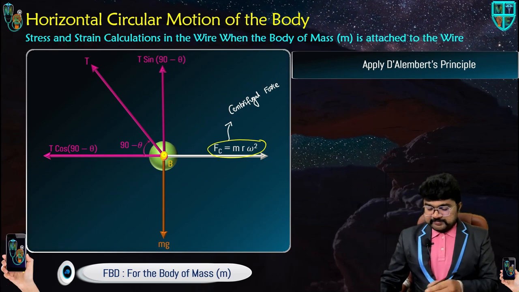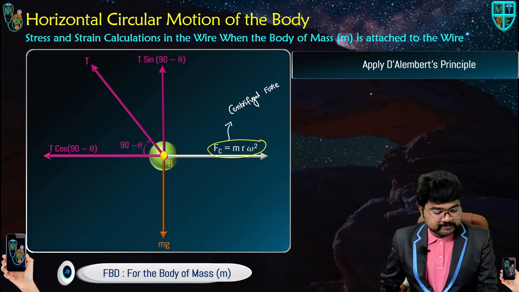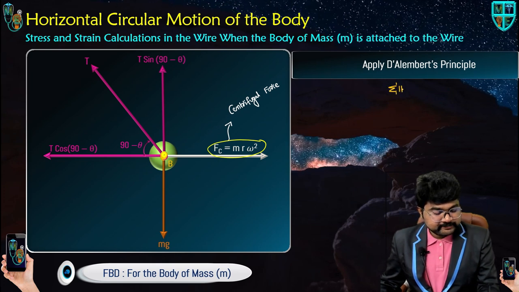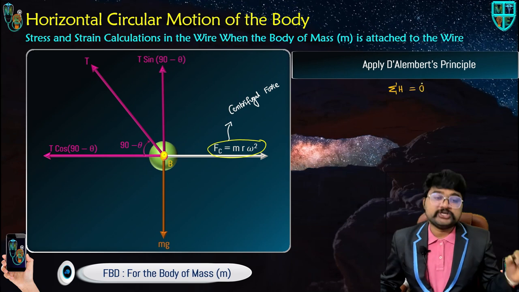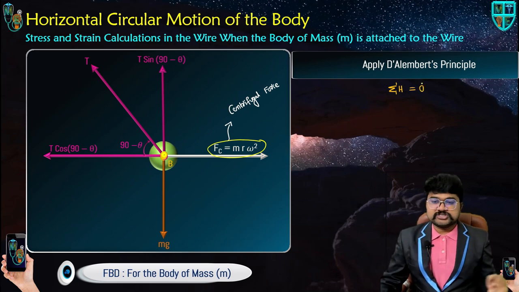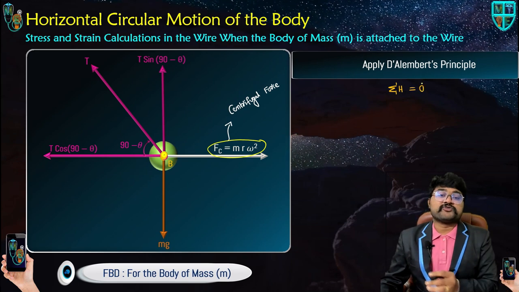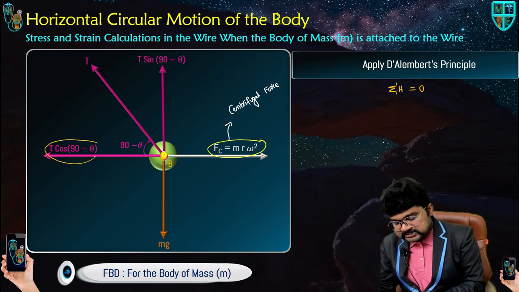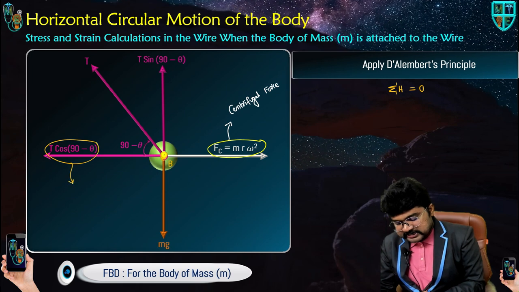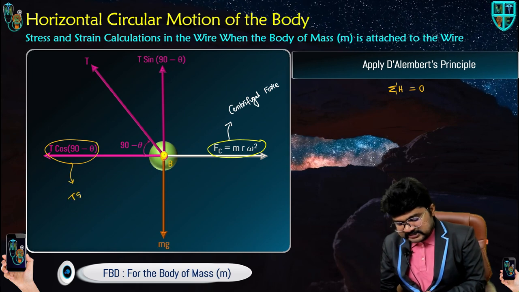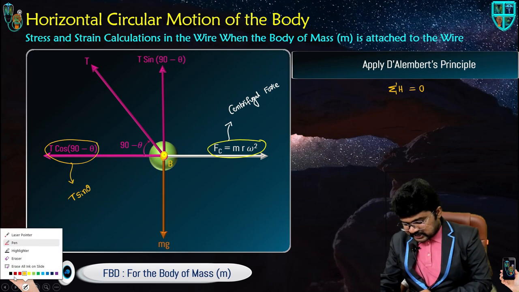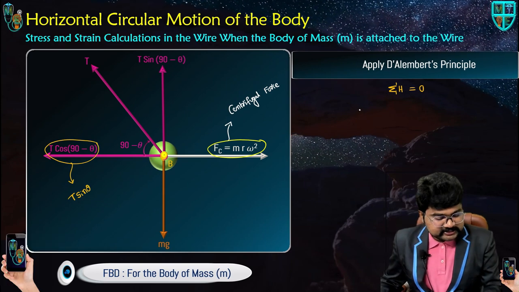Here sigma H equals 0. Sigma H equals 0 means what? Sum of the left forces equals sum of the right forces. This is nothing but T sin theta.